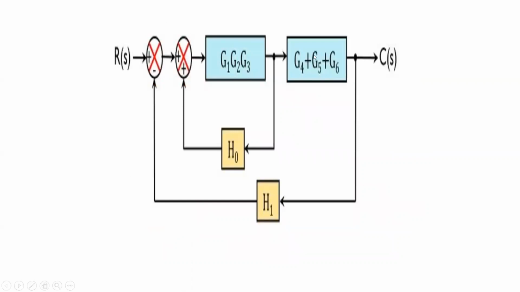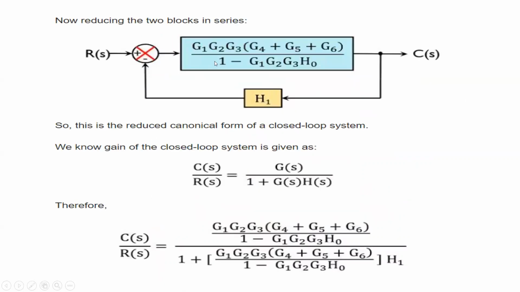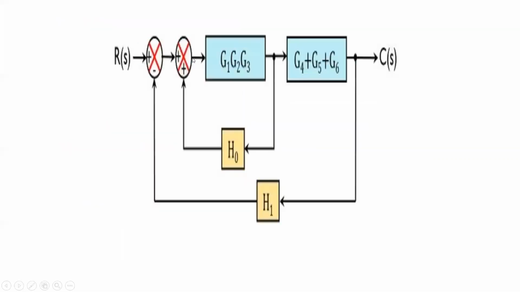Here we have simplified the parallel blocks, and you can see that now there is a positive feedback loop. We can solve it using the formula G over 1 minus GH. Using that formula we can solve this loop, and in the next step we can easily simplify it.